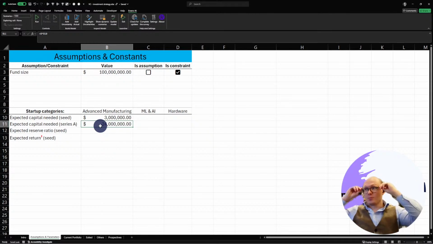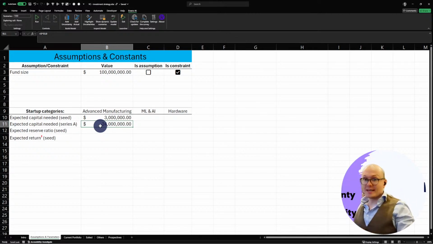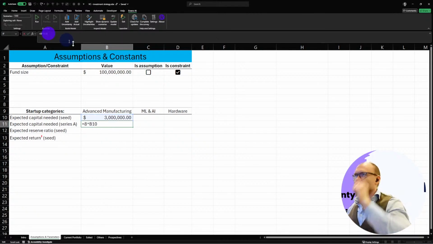So at this point, we've already started to consider what we expect a business or a startup that we have invested in already would need when they have to raise their next round, which is a bit more specific than looking at everything on aggregate. So now we're making a guess about our selection process, which is much, much harder to find any data for. So we're going to make an educated guess.